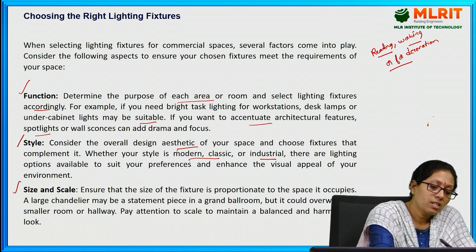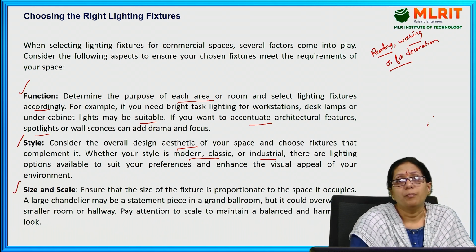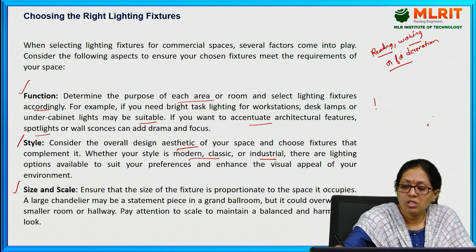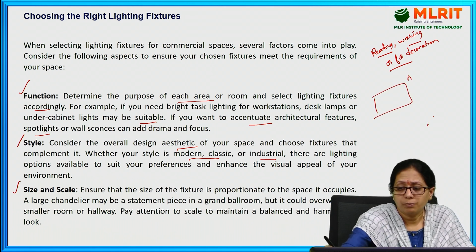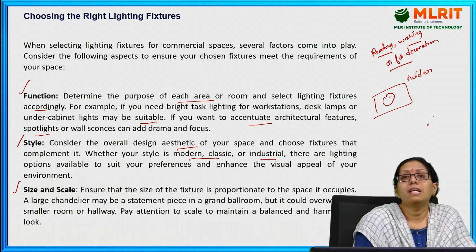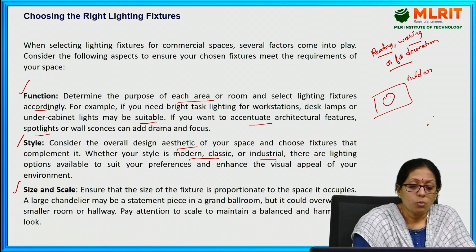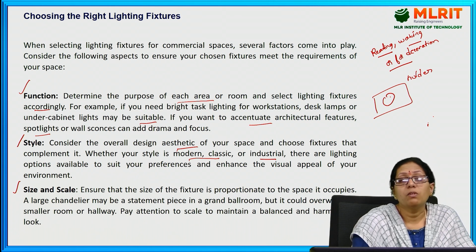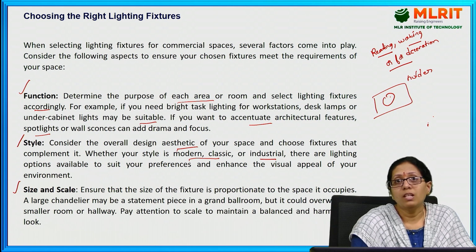Next one is size and scale. Ensure the size of the fixture fits; the fixture is nothing but the holder to place a bulb. So based on the brightness, we will decide the size, and based on the room size also we will decide.